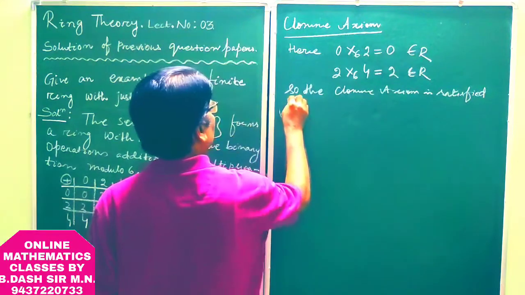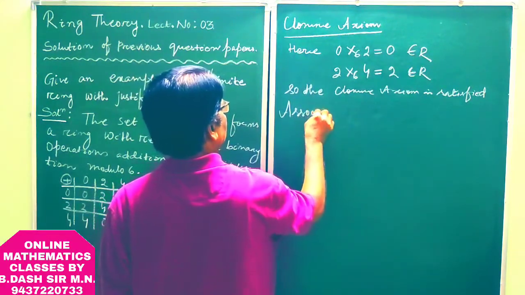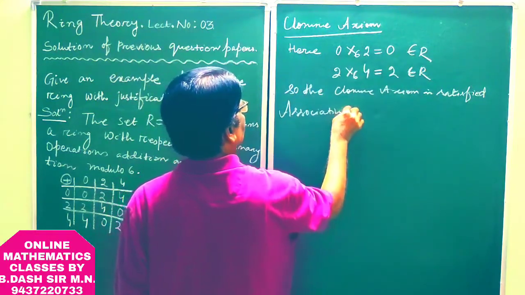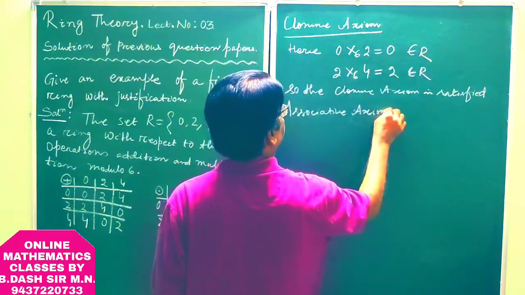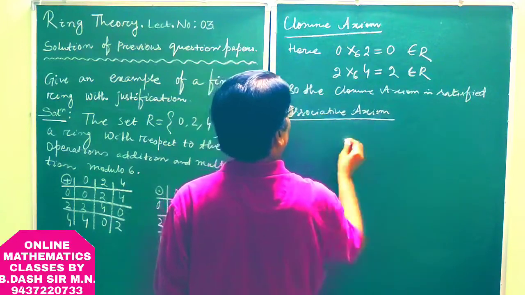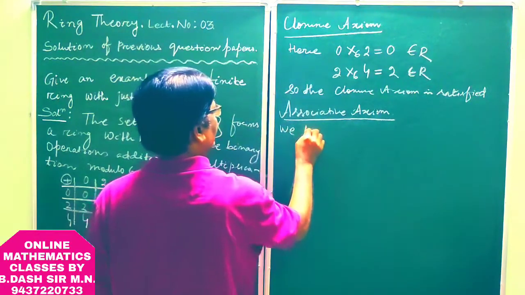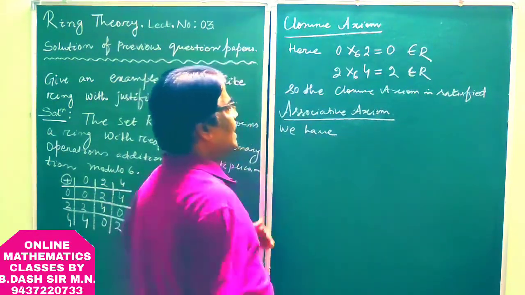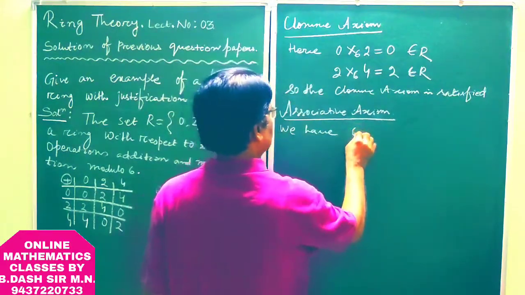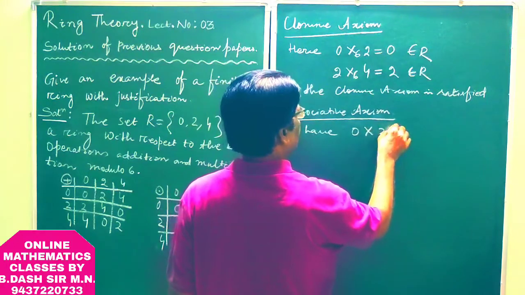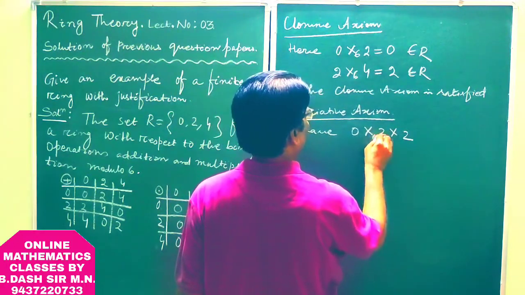Next, the associative axiom. We have 0 into 2 into 4.